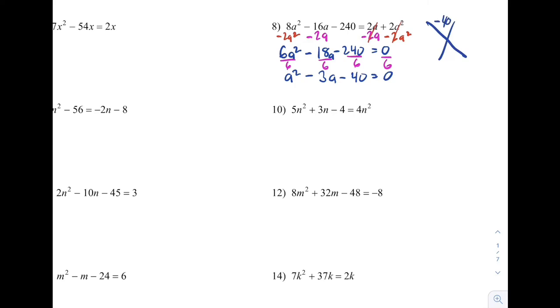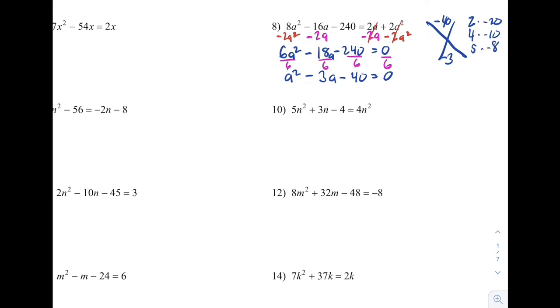And now we can solve by factoring. Same method, right? C's on the top, B's on the bottom. Factors of negative 40 that add to negative 3. So we got like 2 times negative 20. That's too far. 4 times negative 10. No, that's too far.